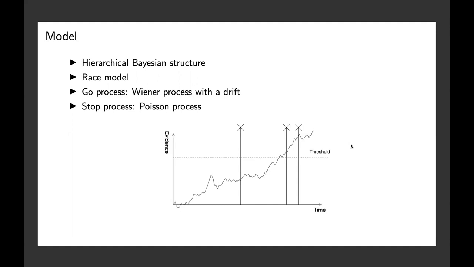For the stop process, the participants only need to find one difference to know that the stimuli are different and non-target. Therefore, we model it with a Poisson process where the participant identifies differences between stimuli at random time points. This figure shows the Wiener process for the go process and the Poisson process for the stop process.